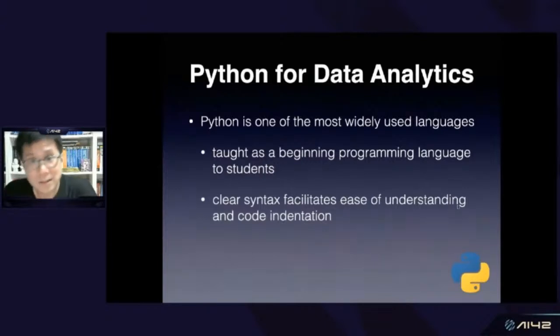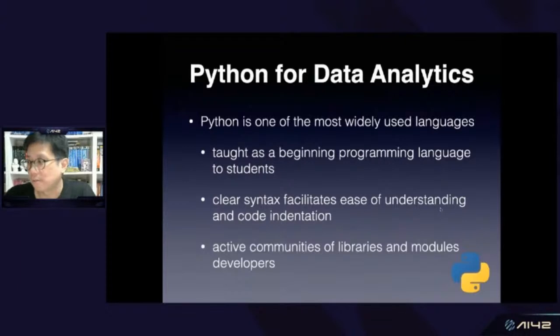So why is Python so useful, so easy? Because the syntax of Python is very clear, very English-like, and it forces the coder to indent the code, and that makes your code much more readable. For this reason, a lot of schools are using it, and there is an active community of libraries and modules for Python.